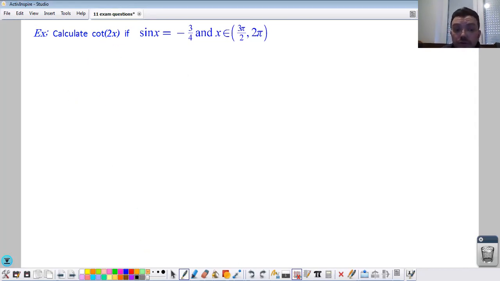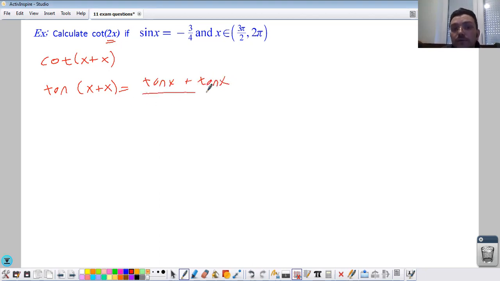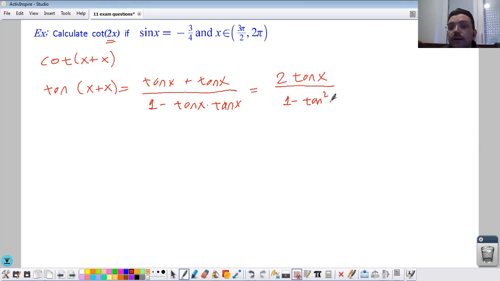Remember that I told you in class, even if you forget the original formula for double angle, you can always write it by the tangent rule: tangent of x plus x, which is tangent x plus tangent x over 1 minus tangent x times tangent x, which is like alpha plus alpha, which is 2 tangent x over 1 minus tangent squared x.